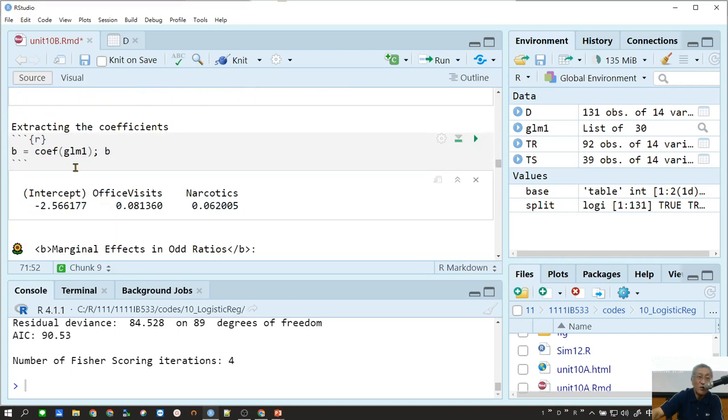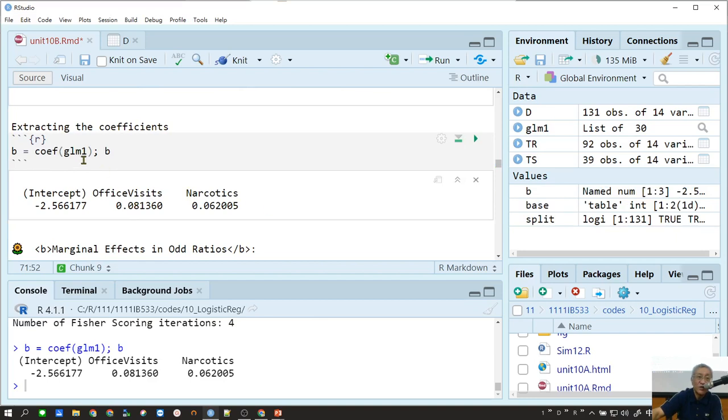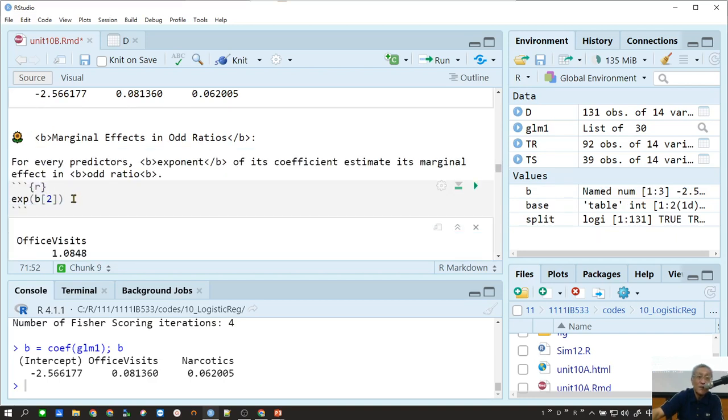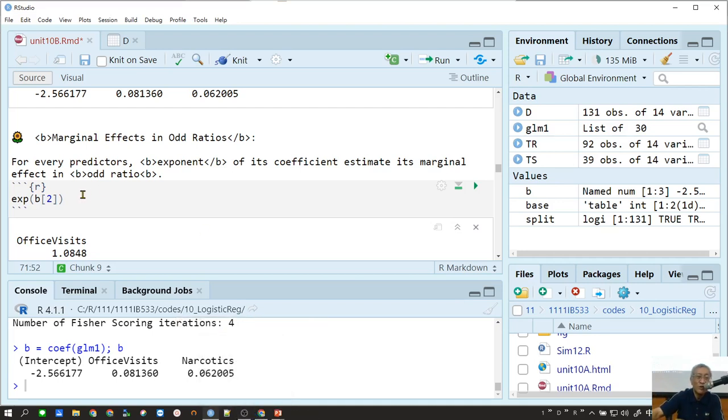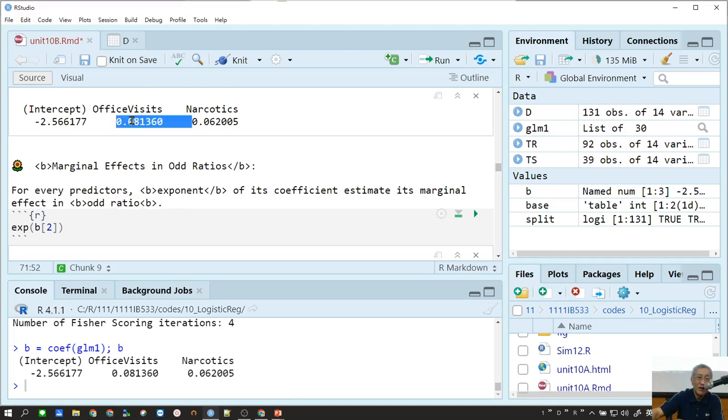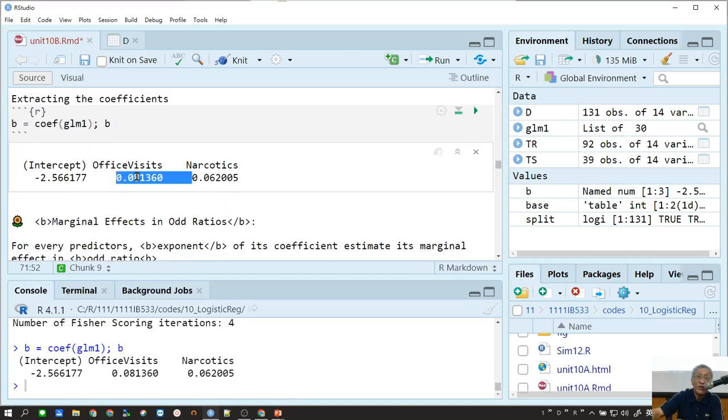Now, as we already did earlier, we can actually extract these coefficients. Okay. The idea that I want to show you in this notebook is how to interpret these coefficients.